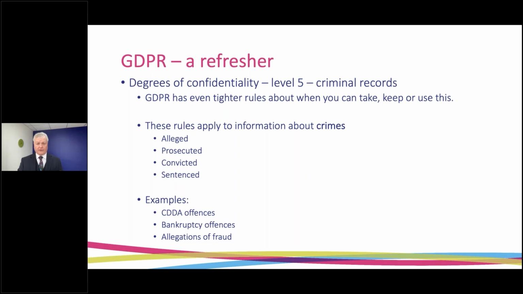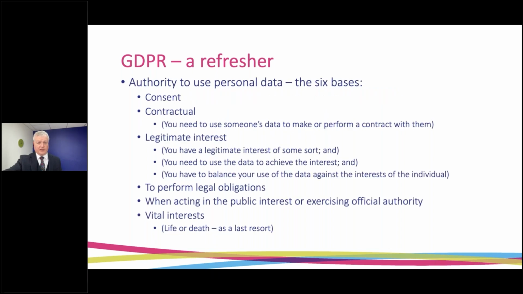It is the most sensitive category. And this is important for you because you might well come across this in that it includes information about crimes that are alleged or under investigation. So in the normal work that you're doing, you may well come across something that looks like some sort of criminal activity by somebody. That is in the highest category of protection under GDPR.